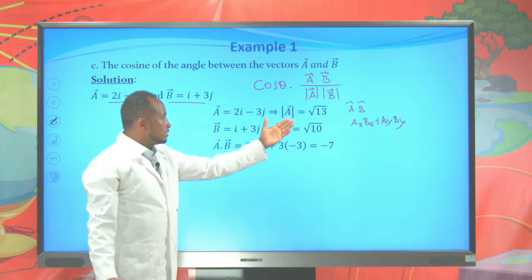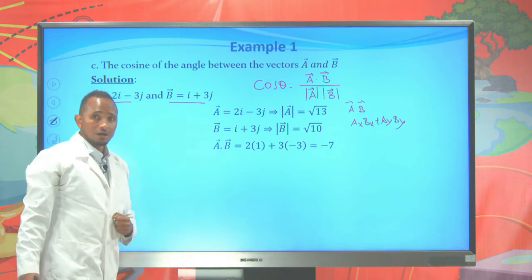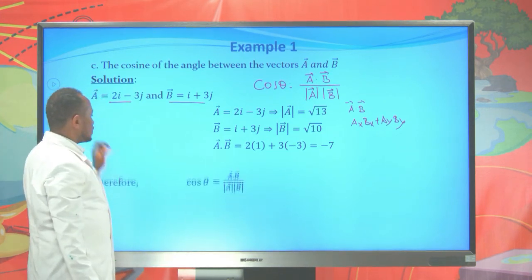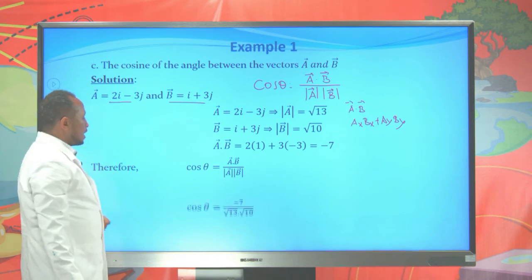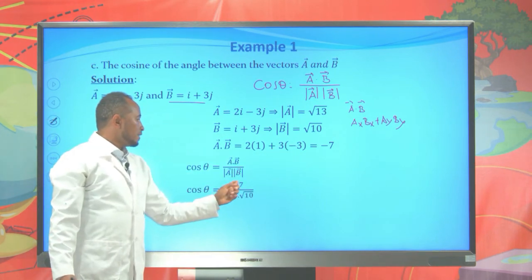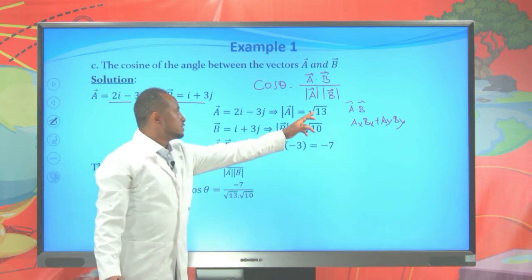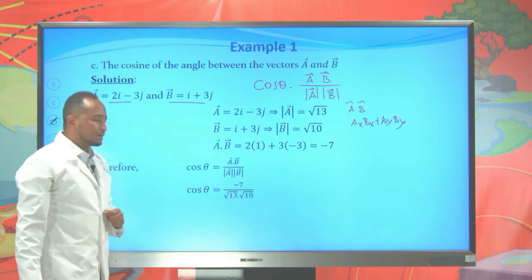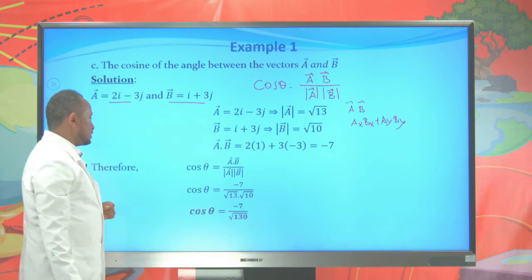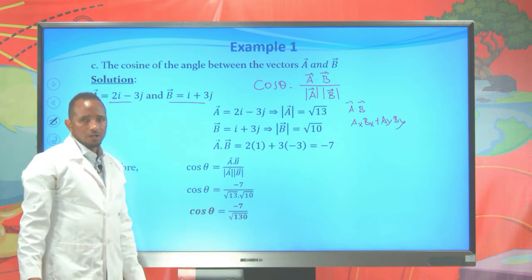So simply, since we have these numbers, you put them in the formula and you can find the cosine of the angle between the vectors. The cosine of the angle will be this: a dot b is minus 7 over the magnitude of a times the magnitude of b, a product of radical 13 times radical 10. So cos theta will be negative 7 over the square root of 130.